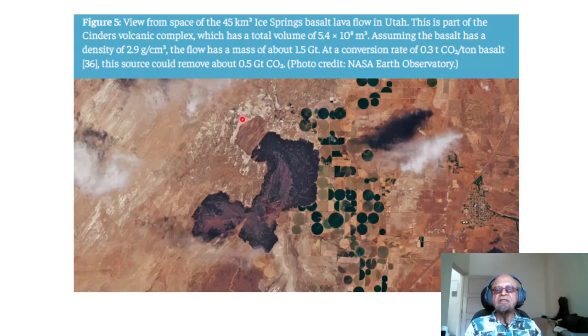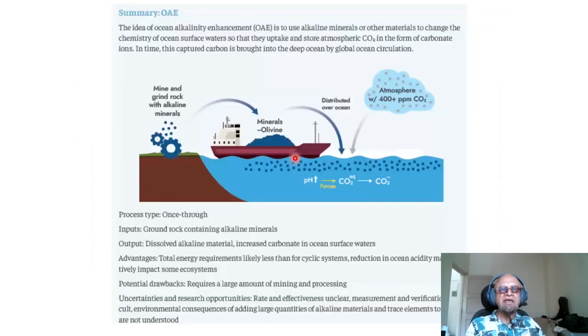Okay, so assuming the basalt has a density of 2.9 grams per centimeter cubed, the flow has a mass of about 1.5 gigaton. At a conversion rate of 0.3 tons of CO2 per ton of basalt, this source could remove about half a gigaton of CO2, depending on the time scales on which you are doing these things. So again, natural processes that can be exploited.